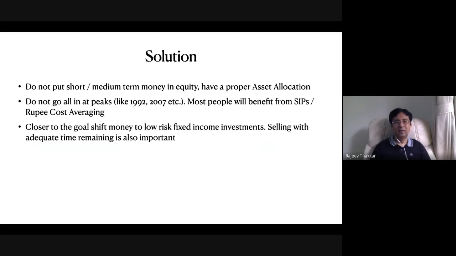So selling your equity, keeping some time margin to your goal time, that is also important. Don't look to sell just one day prior to needing the money, because then you are very dependent on what the stock price is on the date of sale.